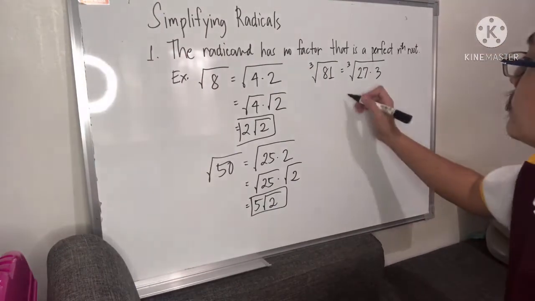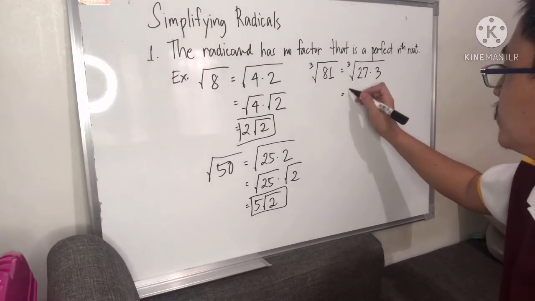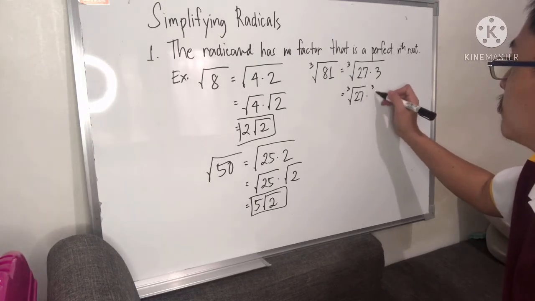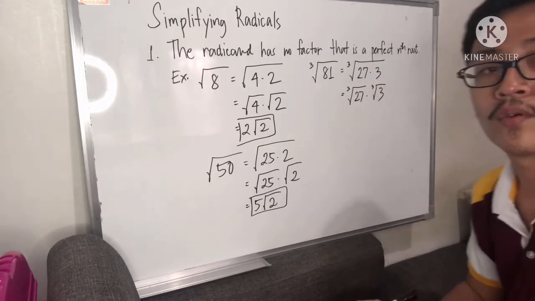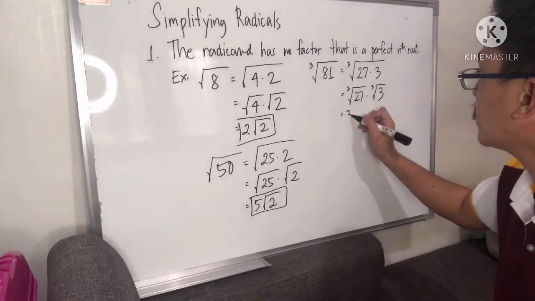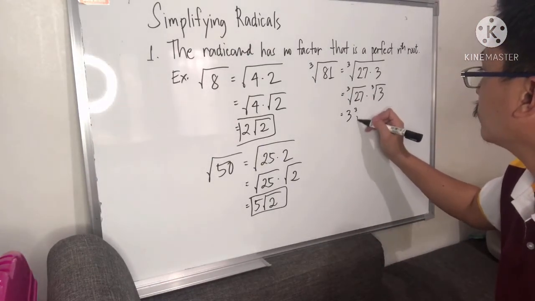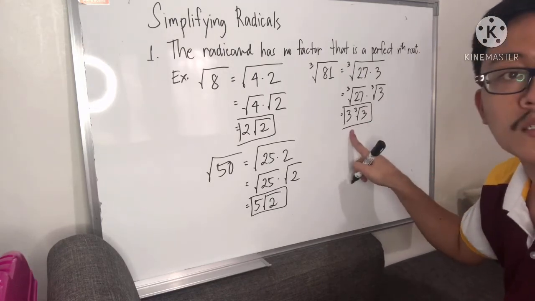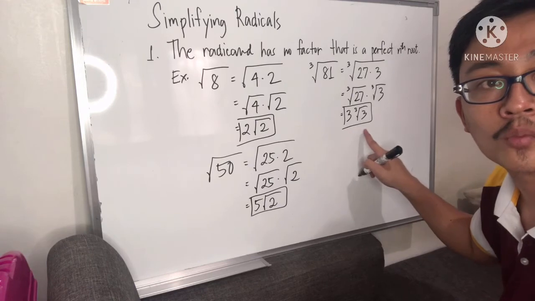Then, separate the two factors. You have the cube root of 27 multiplied by the cube root of 3. So, as we all know, cube root of 27 is 3. Then, just rewrite the cube root of 3. So, the final answer is 3 cube root of 3.